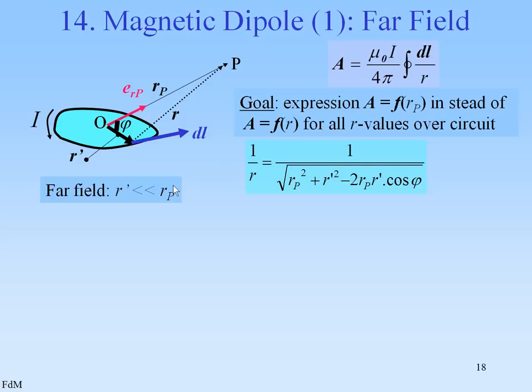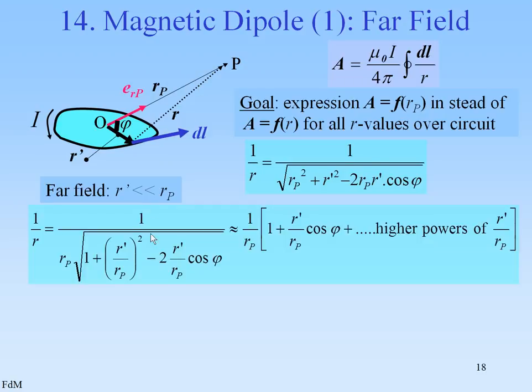Now we take the far field approximation in which R prime, this distance here, is much smaller than Rp and R. And this means that we can approximate 1 over R as given by the cosine rule here. Rp is excluded here from the square root.